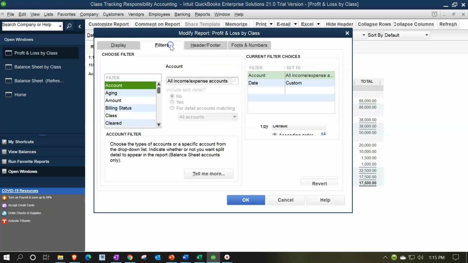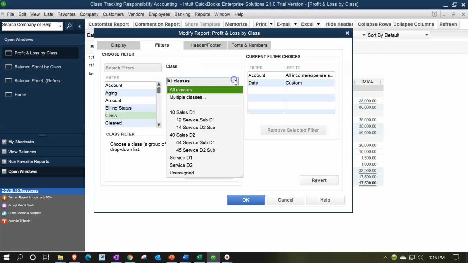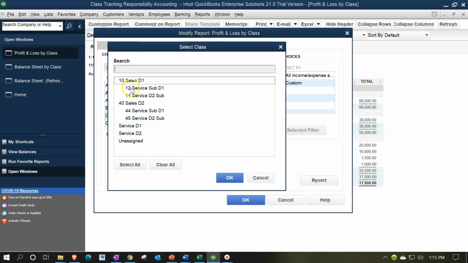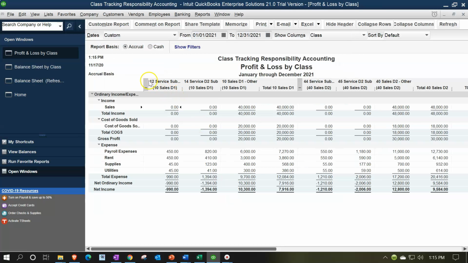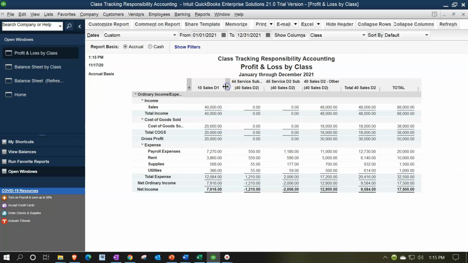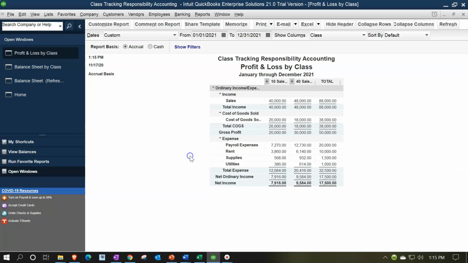Customizing filters, we can go to the classes and filter by that one, that one, that one, that one, that one, that one, and that's it. The other three are zero, and then you can collapse this out, and you can generate some nice reports that can be useful. You can also, of course, export these items to Excel and do any more formatting that would be necessary from there as well.